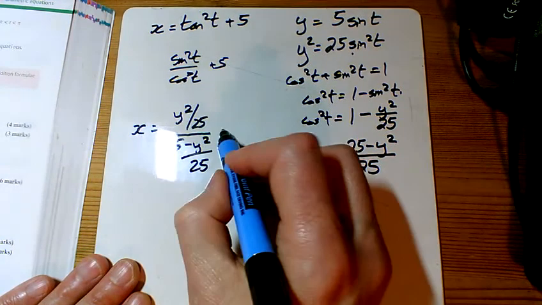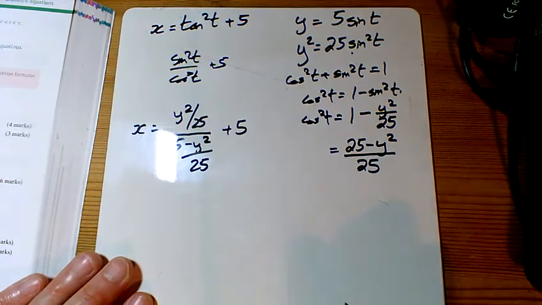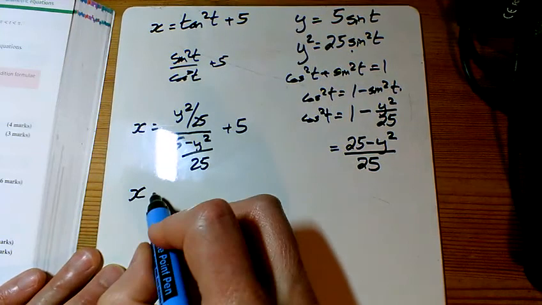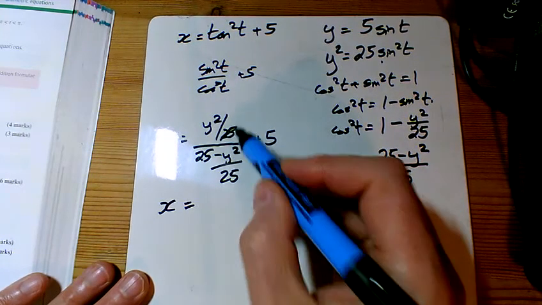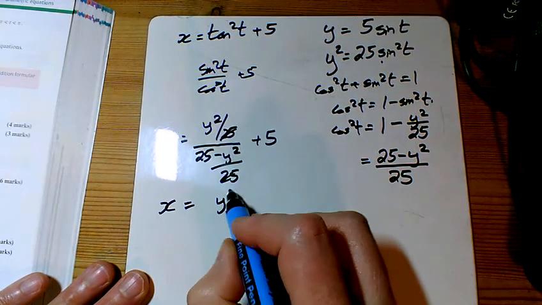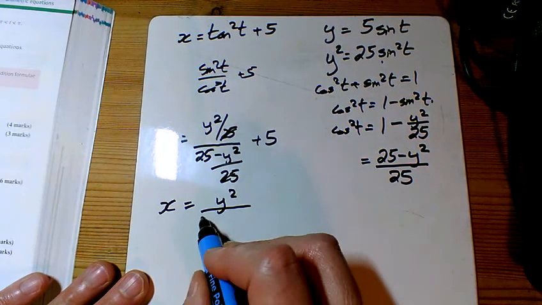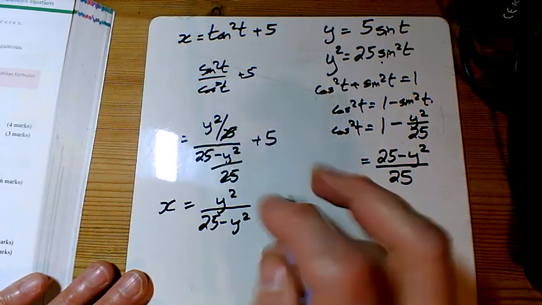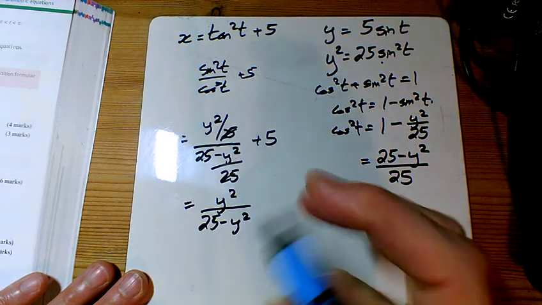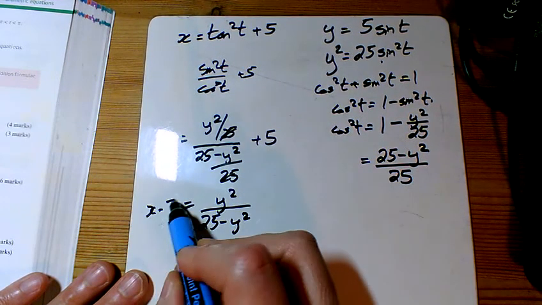Don't forget the plus 5 as well. So looking at that fraction, there's 25s there that can cancel. So I've got y squared over 25 minus y squared. And look, why not we just take away 5 from both sides to make it a little bit tidier?